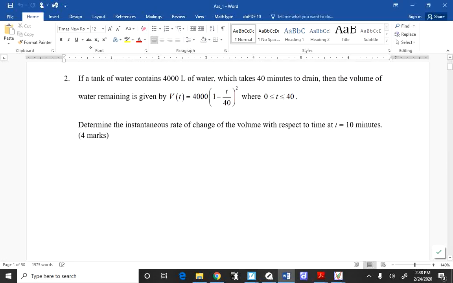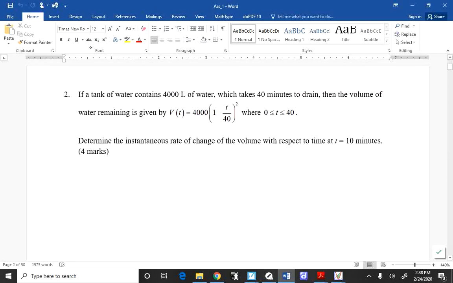But the second one is a water tank question where you're asked to find the instantaneous rate of change, which means you either have to use limits, in this case as t approaches 10 minutes, of that expression minus that expression at 10 minutes, all over t minus 10, or wait until the end of tomorrow's lesson, where once you know the chain rule, you can find the derivative without limits.